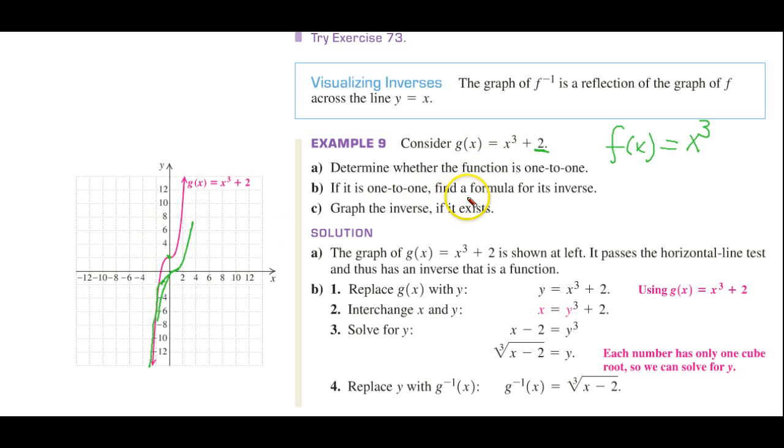So this whole thing would shift down. That's all that's happening. Well, determine whether the function is 1 to 1. Well, is this a function? It is a function for x, and it is a function for the inverse because it passes the horizontal line test. Now, we're going to solve it, and let's raise it up a little bit here.